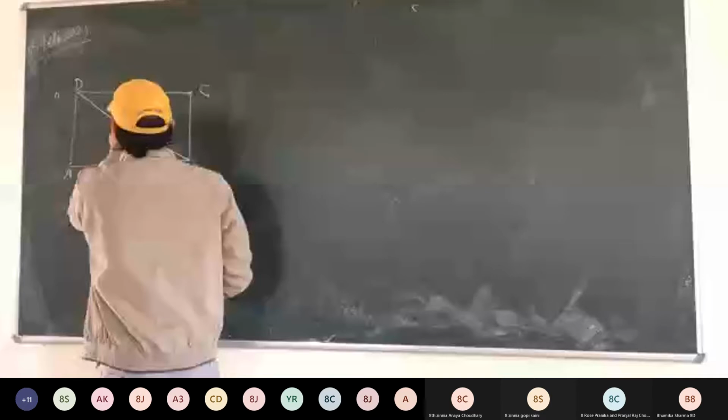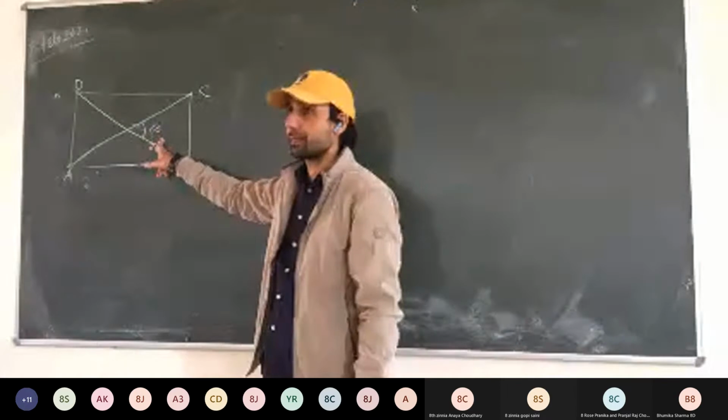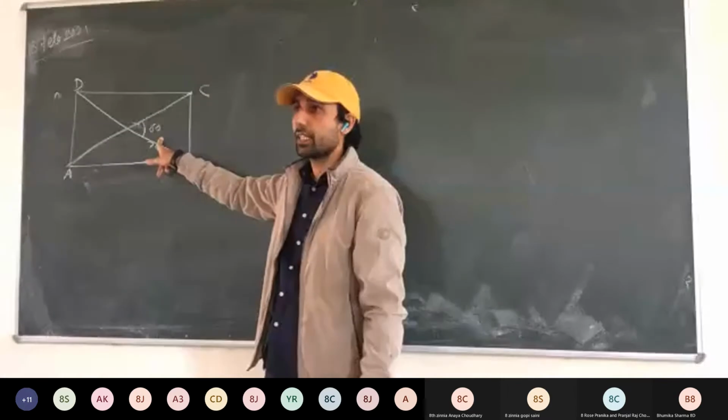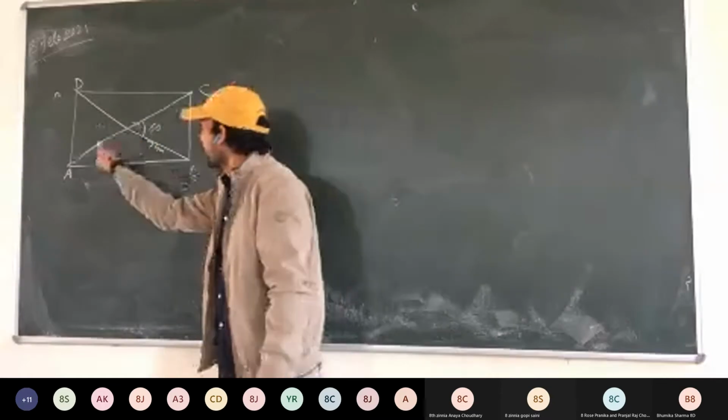This angle is how much? 60 degrees. So see here, one diagonal is given and the angle between them is 60 degrees. Diagonals in a rectangle are equal. It means if BD is 7 centimeters, AC will also be 7 centimeters.